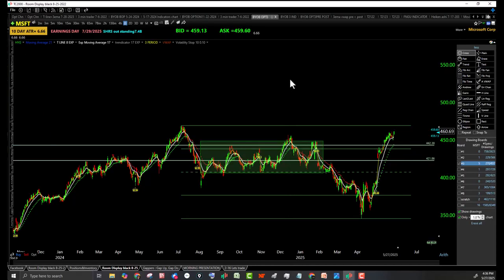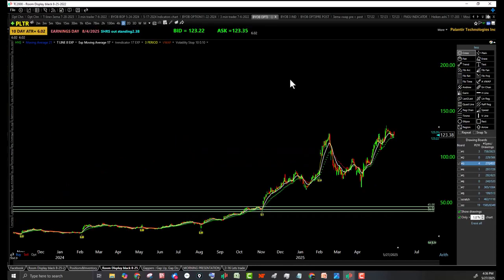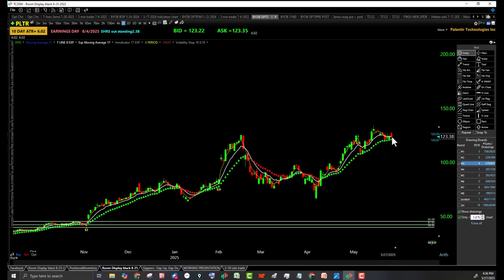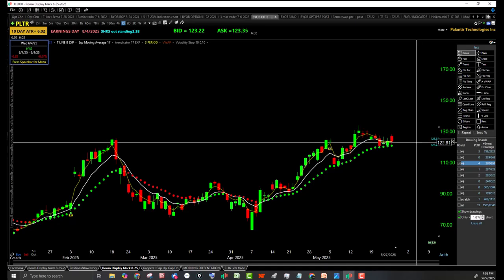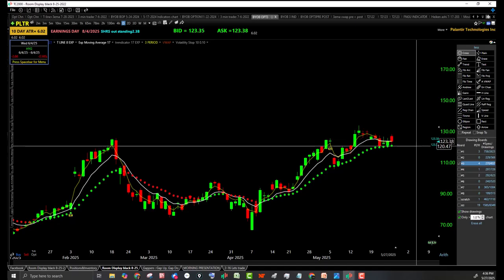And PLTR. PLTR putting in a bull flag. Got up over resistance. It's holding that higher ground.